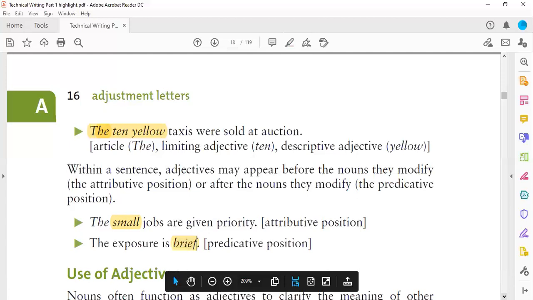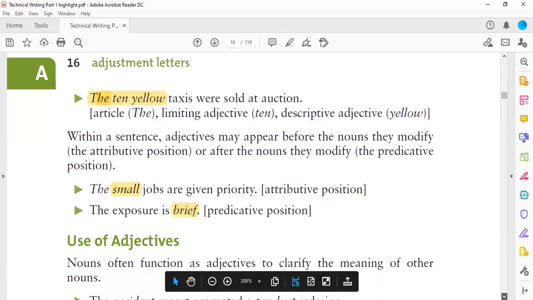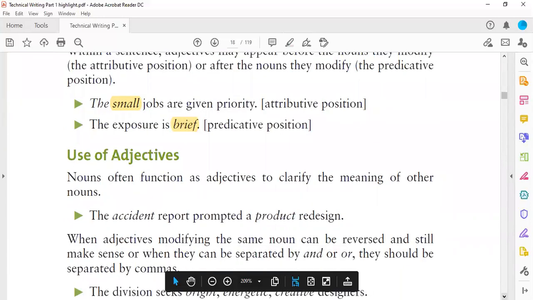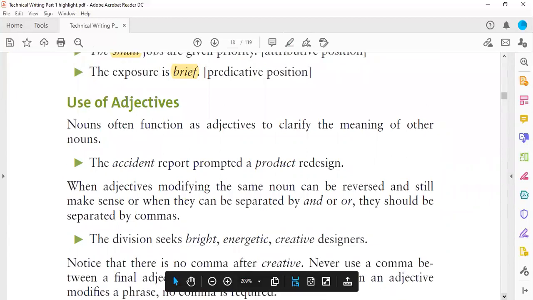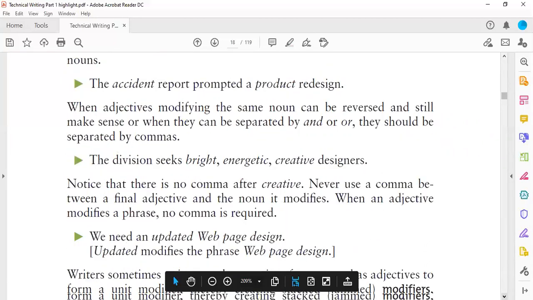Use of adjectives. Nouns often function as adjectives to clarify the meaning of other nouns. The accident report prompted a product design.